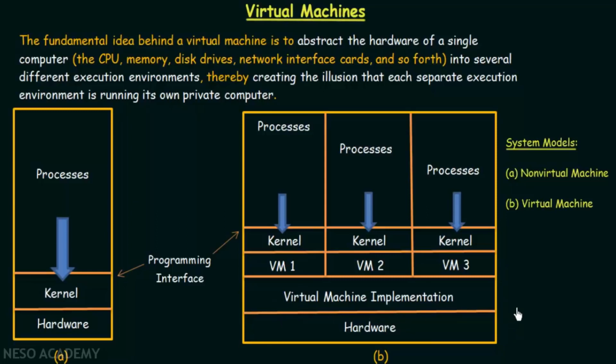Then using the virtual machine software, you have created three virtual machines. On virtual machine 1, let's say you have installed Linux Mint, on virtual machine 2 you have installed Ubuntu, and on virtual machine 3 you have installed, let's say, Fedora or some other Linux distribution.